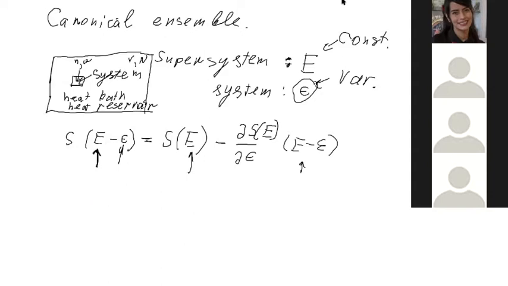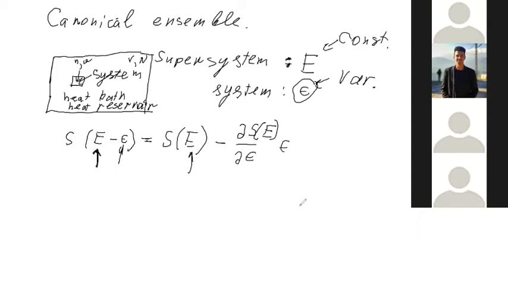To correct this expression, it is simply times epsilon minus E. It's just epsilon without E, okay?